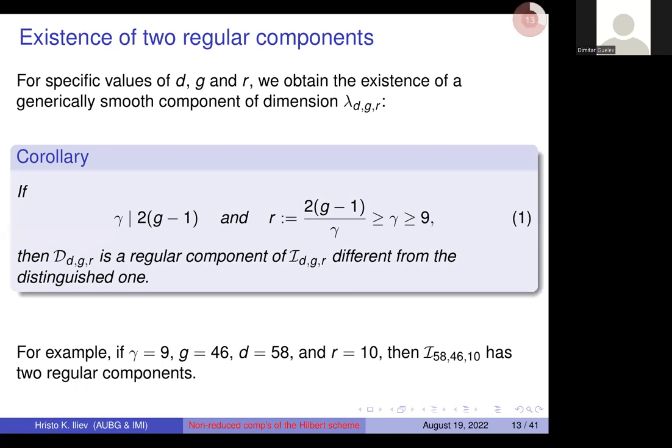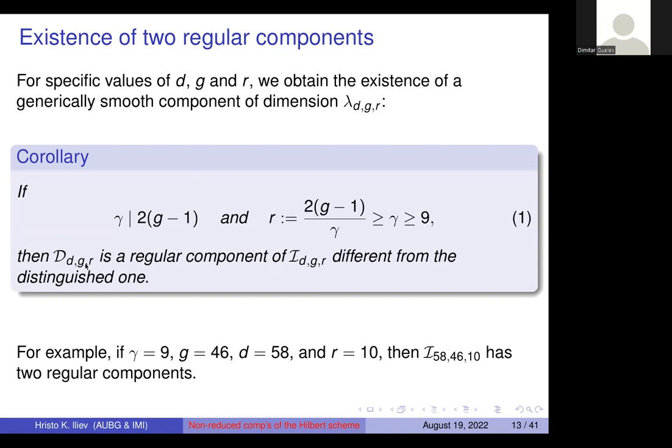I want to say two important corollaries from this result. This result is important because it has to do, in some sense, with the Severi conjecture. Namely, the result gives the following two corollaries.